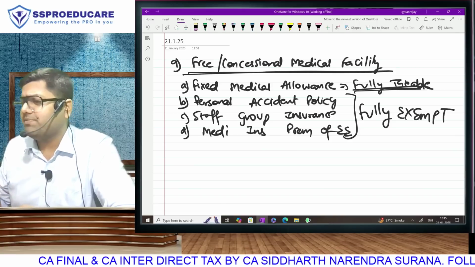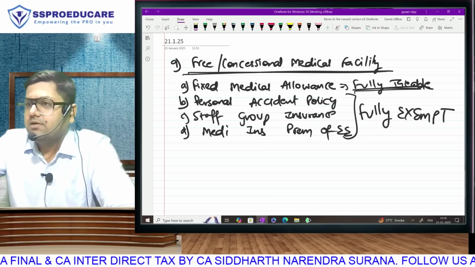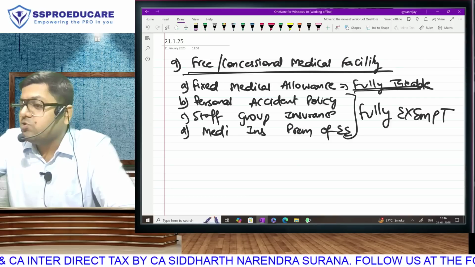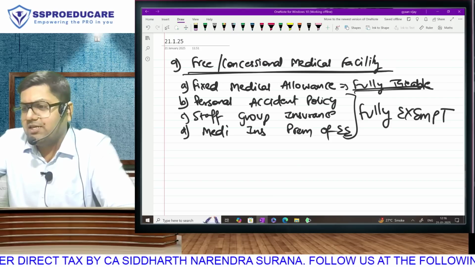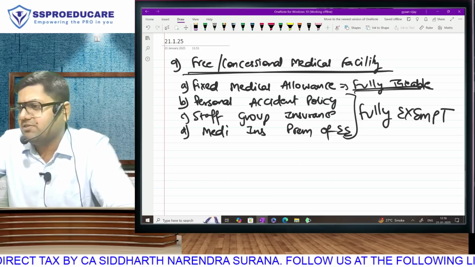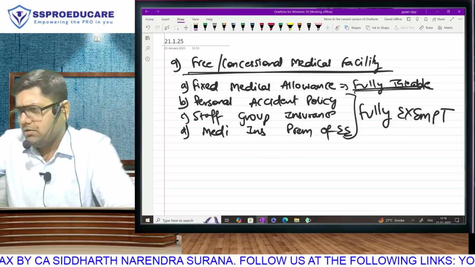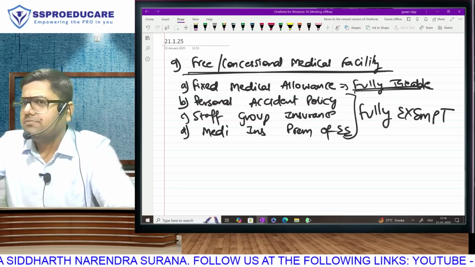Maturity benefit is within it. This is not life insurance. This is medical insurance, accident policy. This is not life insurance. Exemption is only for life insurance. For other insurance policies, the claim received is taxable, whether medical insurance, marine insurance, stock insurance, business insurance, fire insurance. I didn't teach you any exemption. Exemption was only life insurance.